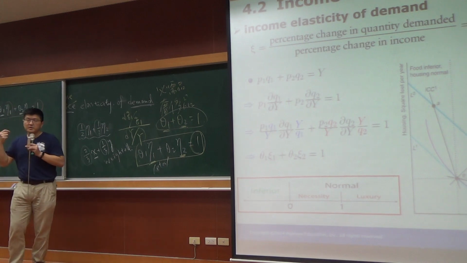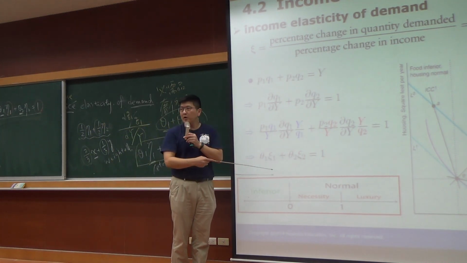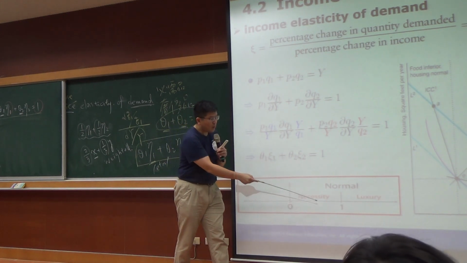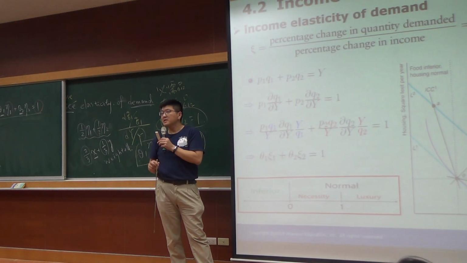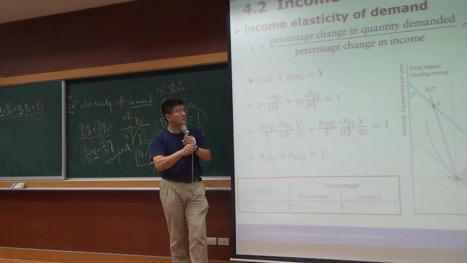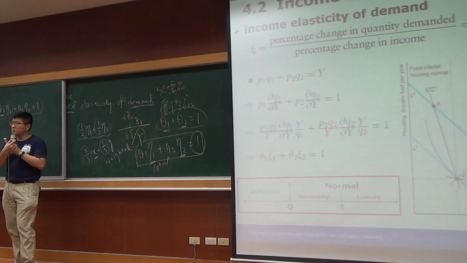So just remember that the reference points of this formula would be 1 and 1 for the income elasticity of all goods. Here we have 2 goods.